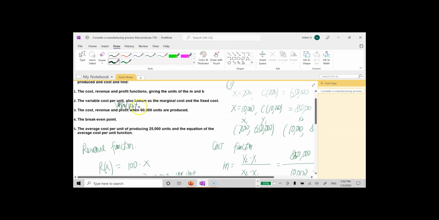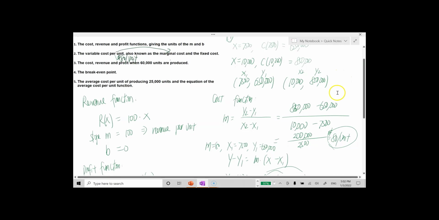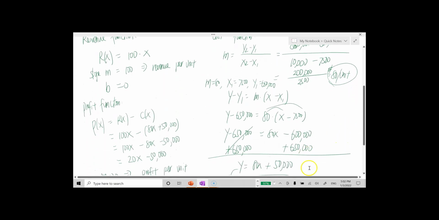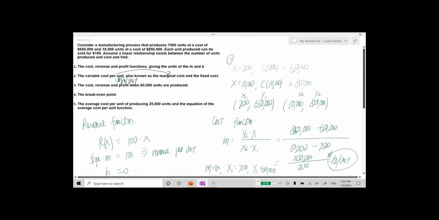This is also called marginal cost. The fixed cost is also mentioned: when there's 0 units produced, there's $50,000 of fixed cost. The fixed cost here will be $50,000.